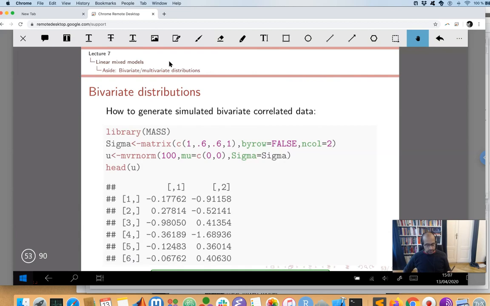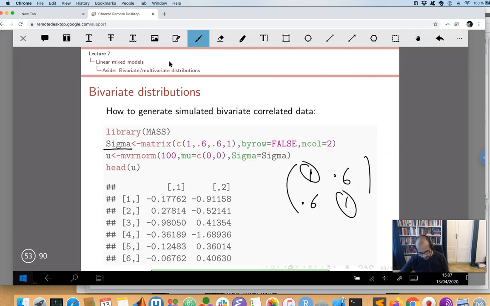Now the one thing I want to show you is that you can actually generate simulated correlated data just to get a good graphical intuition on how all of this works. What I've done here is I created a variance covariance matrix of 1, 0.6, 0.6, 1. So the variances of the two components are 1, and 0.6 is the correlation between them.